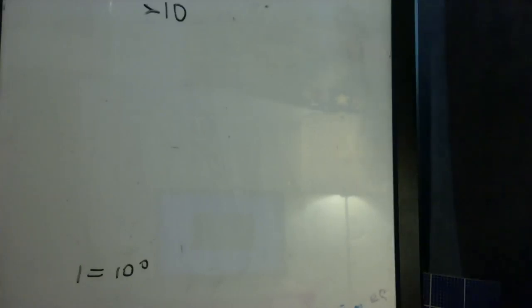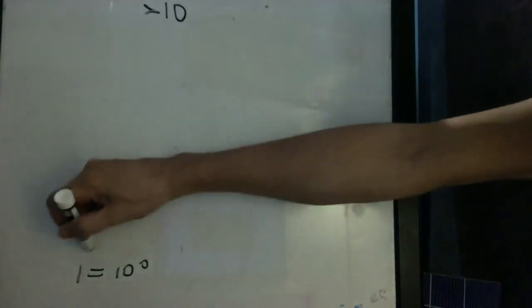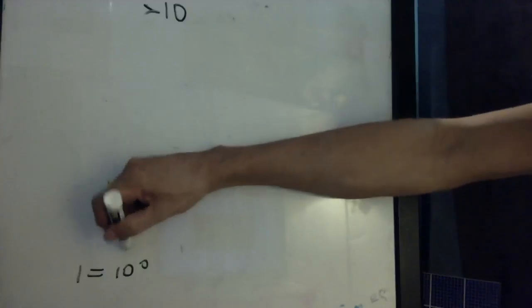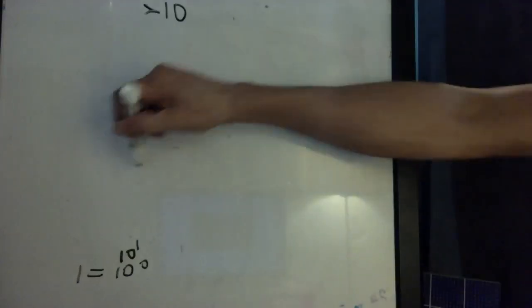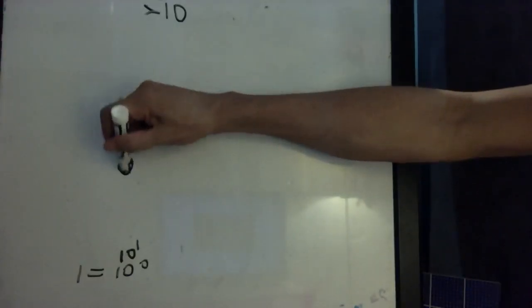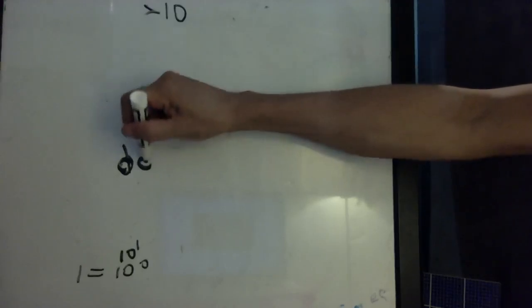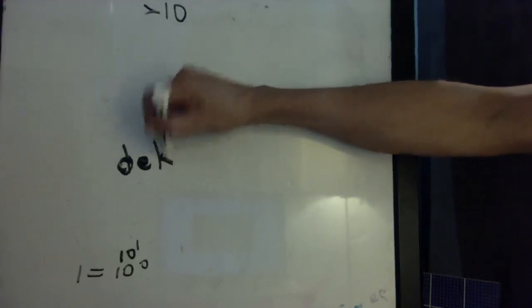So let's see here. 10 to the first, that's just deca. Right? Like a decameter. Right? As opposed to deci. Right? So, again, grammar, names, learning words and how to pronounce them.